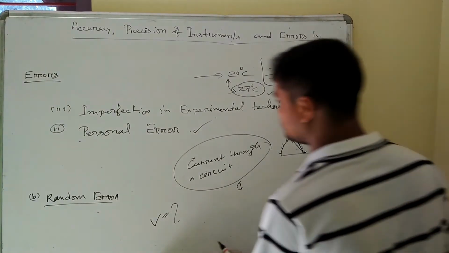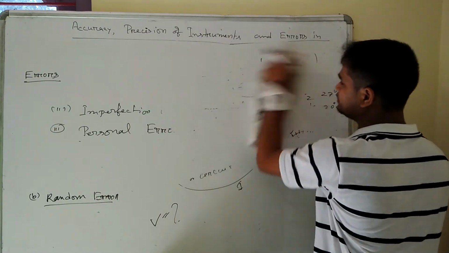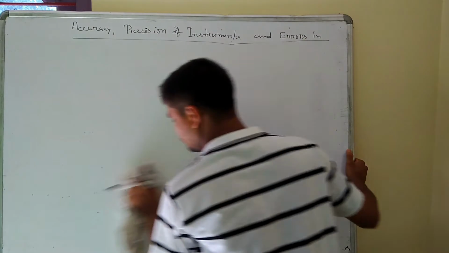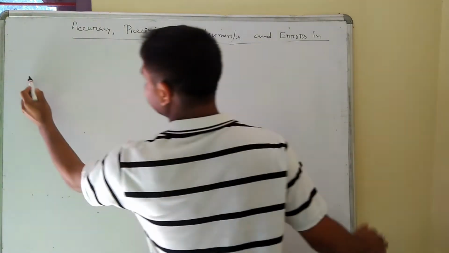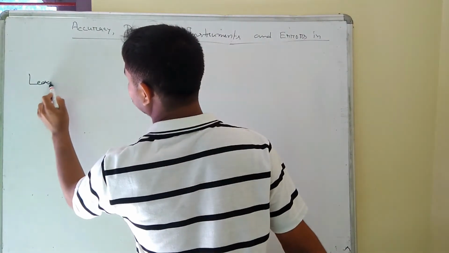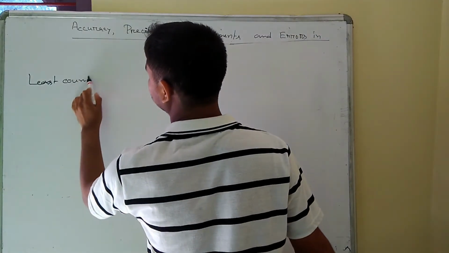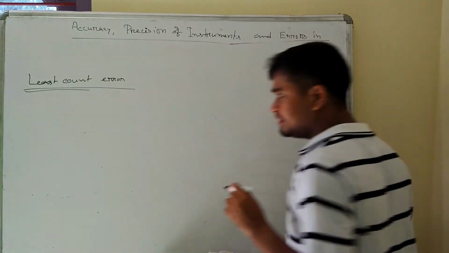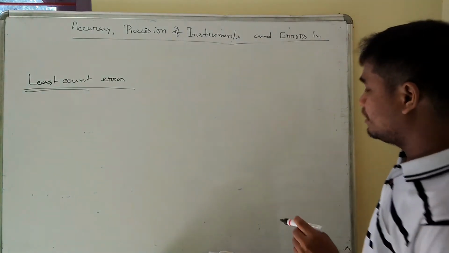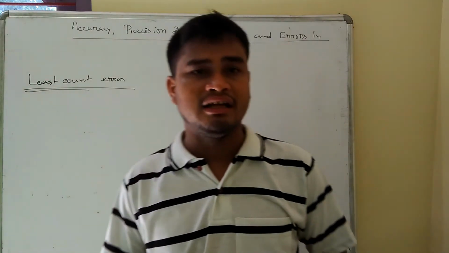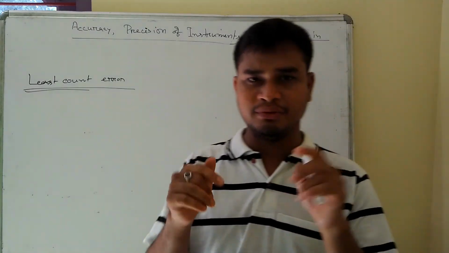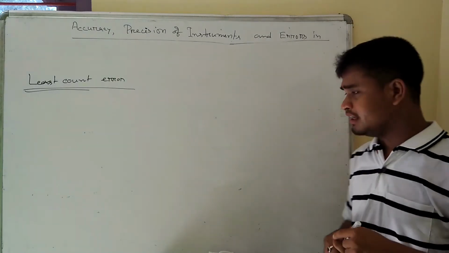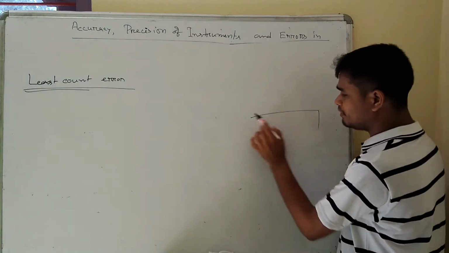Moving to the least count error. By least count, least means small, count means calculation. If we see the 6-inch scale or the scale inside your compass box, you will see two types of scale.